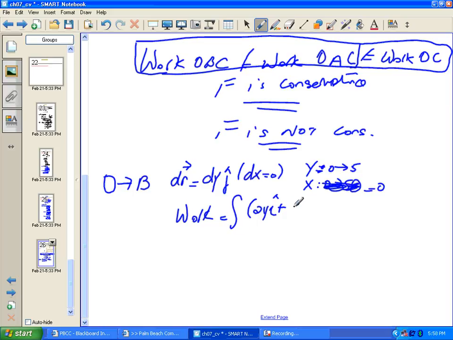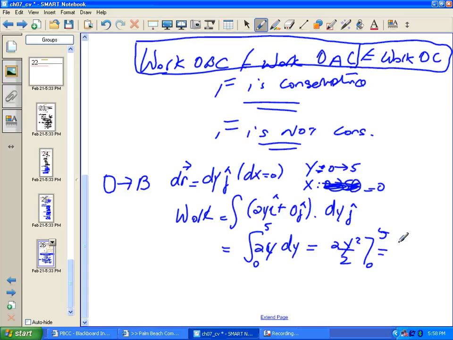So here, 2y i hat plus 0 j hat dotted with dy j hat gives us 2 times y dy from 0 to 5, and this integral becomes 2y squared over 2 from 0 to 5, and so this tells us that the work is equal to 25 joules. The 2's cancel. Okay, that's from O to B.